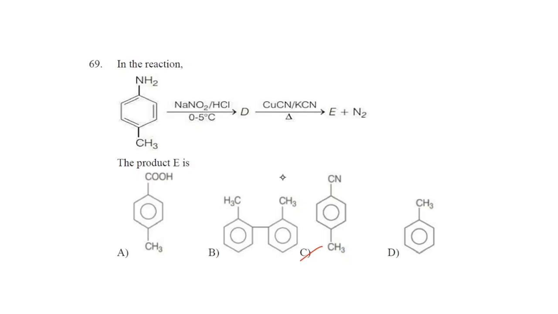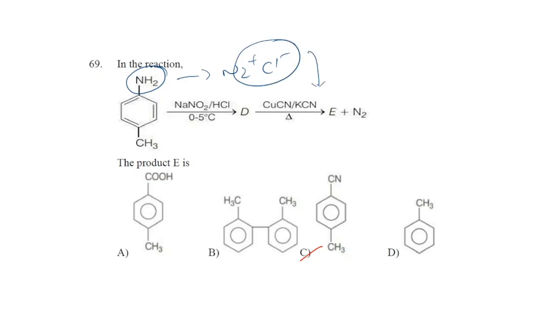See, if we consider this reaction, NH2, aniline and CH3, NaNO2 HCl, nothing but diazotization, NH2 converts into N2 plus Cl minus, and you know already this Sandmeyer reaction, CuCN and KCN, which replaces the N2 plus Cl minus with the CN here.